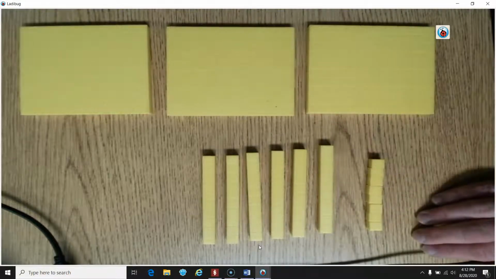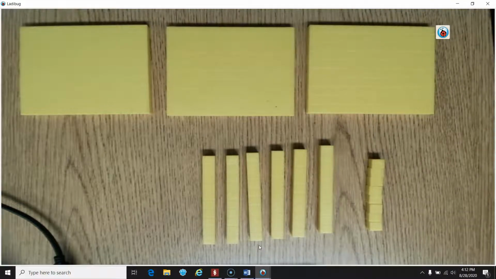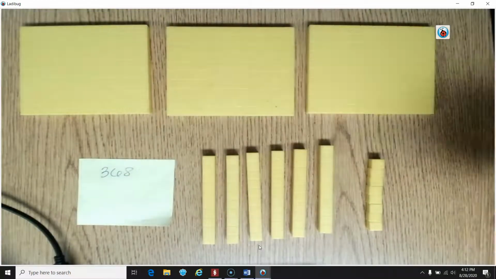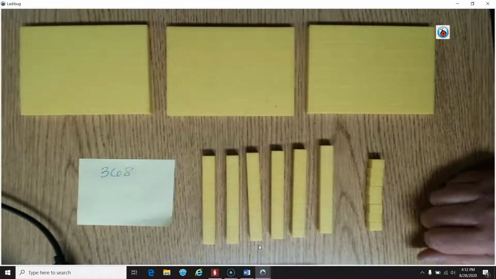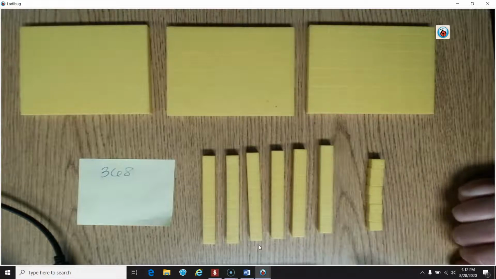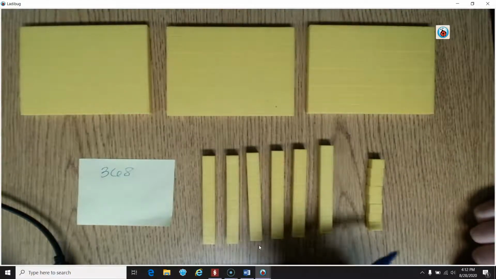So if I'm thinking of the number 368, the tens that it seems closest to, let me write this on a sticky note so you are not just imagining numbers in your head. If I think of the number 368, the tens that this number is in between are the 10 that's less than 68 and the 10 that's more than 68.